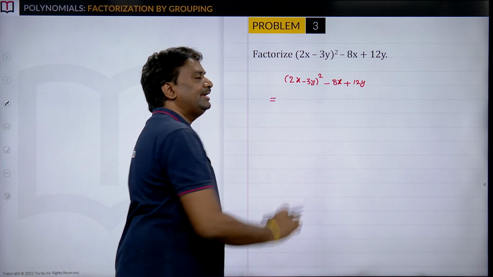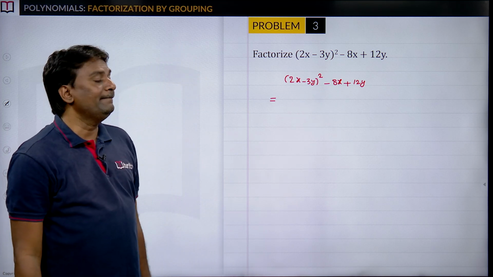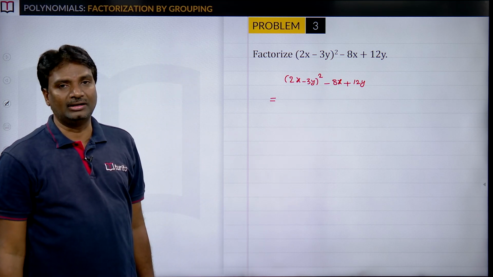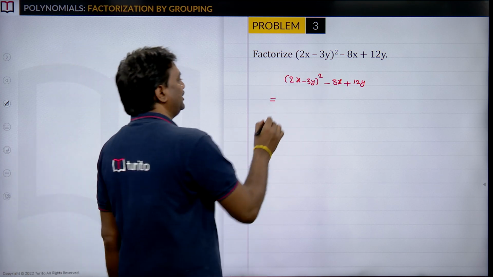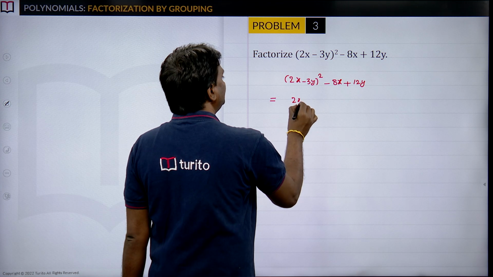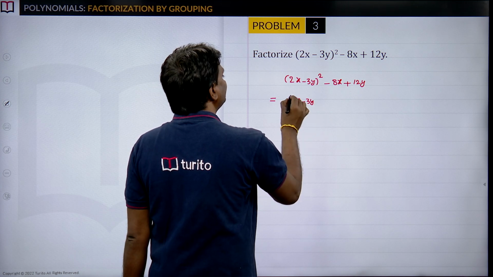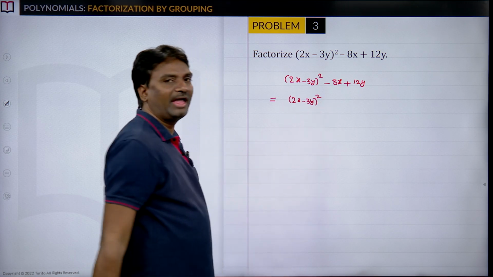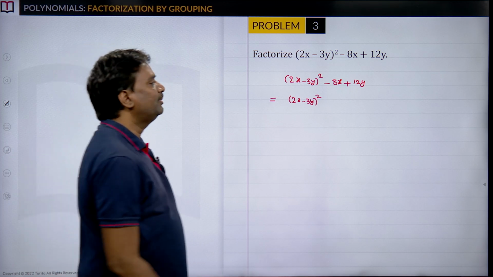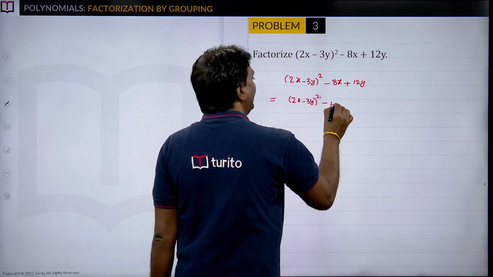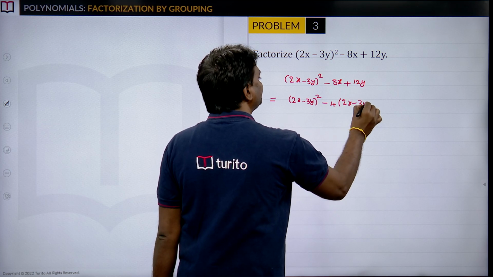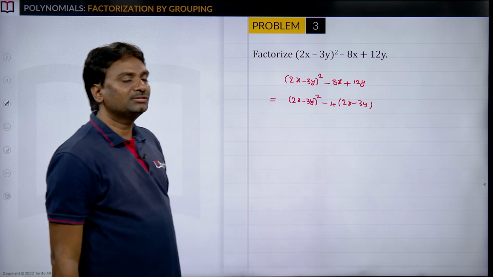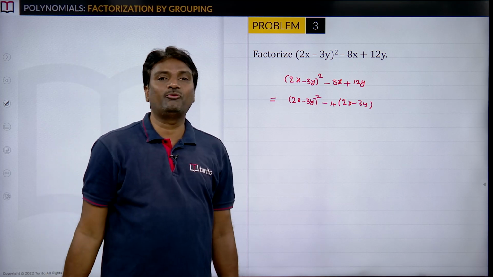Here from minus 8x plus 12y we can take minus 4 as common. If you take minus 4 as common, this should be 2x minus 3y. So, keep the first term 2x minus 3y whole square as it is. From minus 8x plus 12y, if we take minus 4 as common, you will get 2x 3y. 8 can be written as 4 into 2, 12 can be written as 4 into 3.